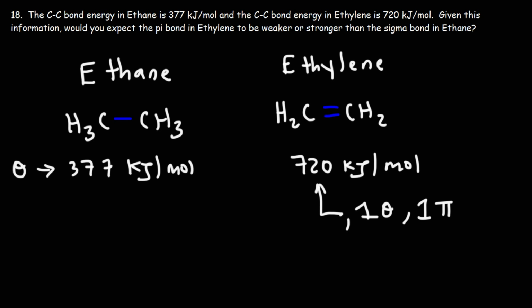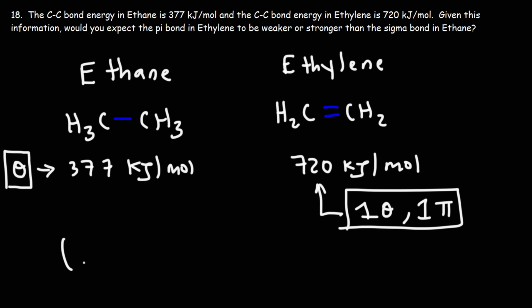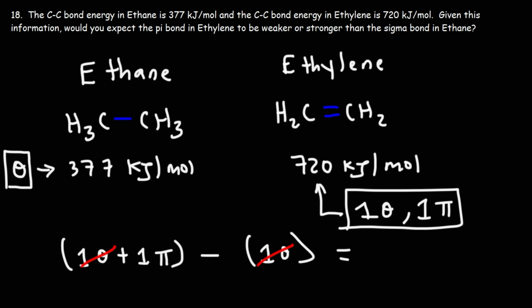So if we were to subtract the bonds in ethylene by the CC bonds in ethane, in ethylene it's one sigma and one pi, minus for ethane just one sigma bond. If we subtract these two, the sigmas should cancel and we can get an approximate energy for the pi bond.